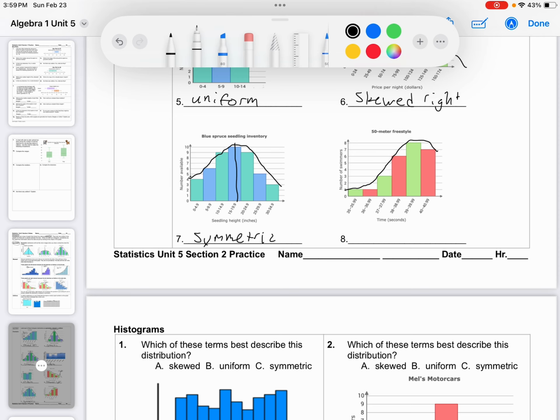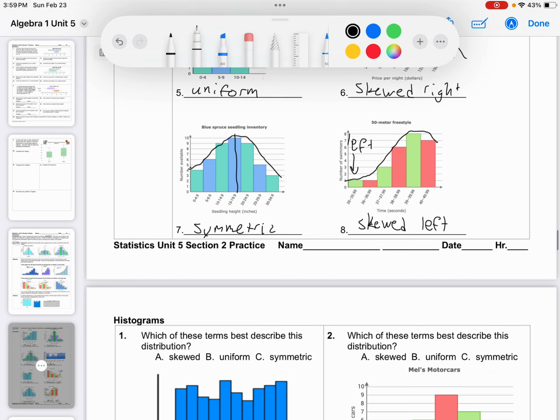So this one is skewed because it's not the same on both sides of the middle. We have a lot more higher over here and then lower over here. So I would say that's skewed, not symmetric. And the short end is the left side. So I would say this is skewed to the left.